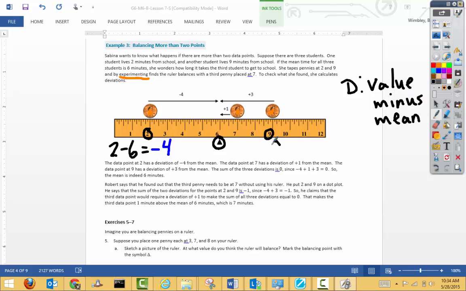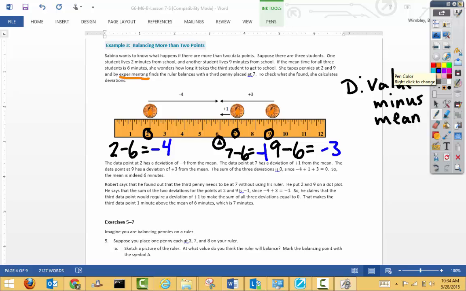So I have 9 minus, my mean is 6, equals -3. And this one, I have a value of 7 minus 6 equals -1.